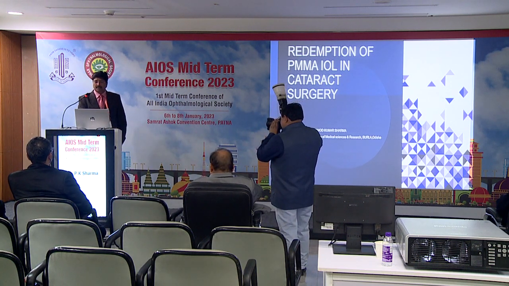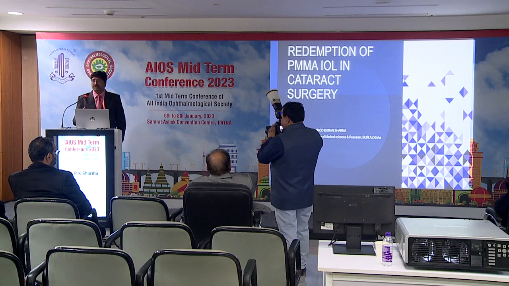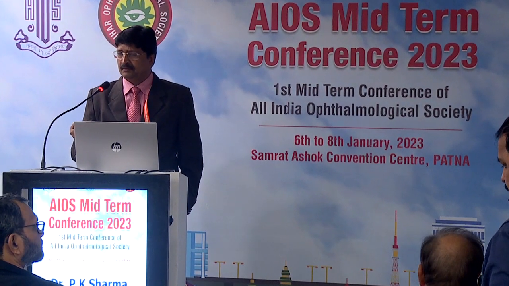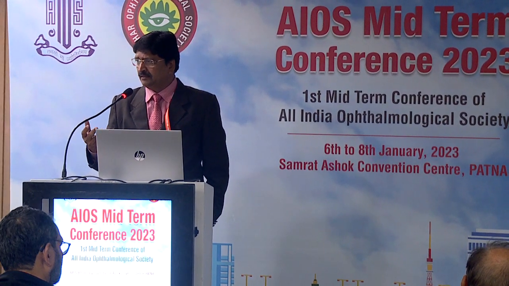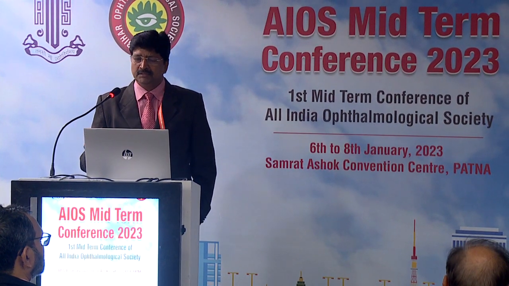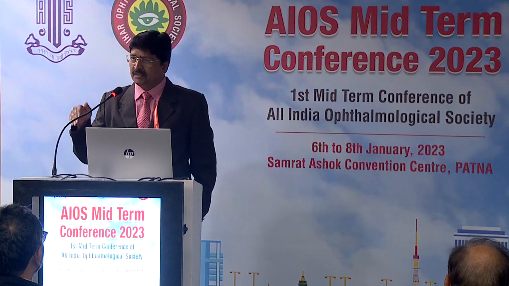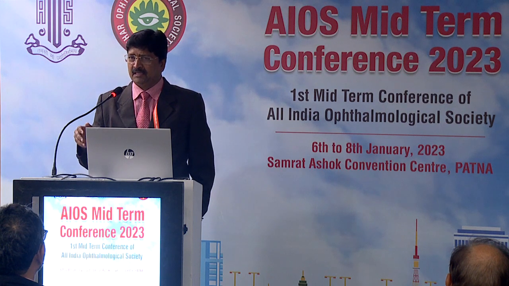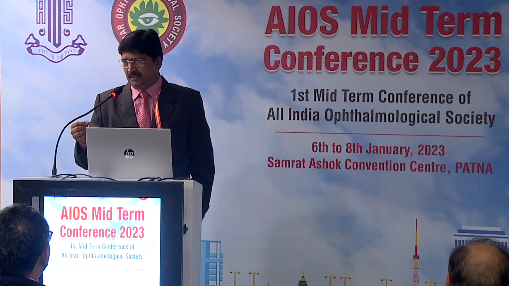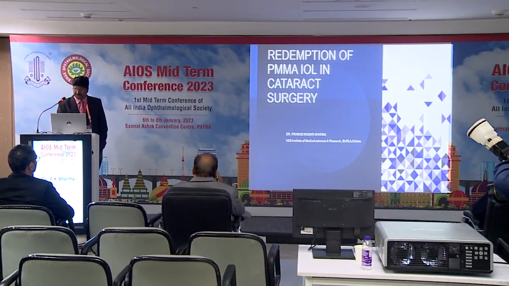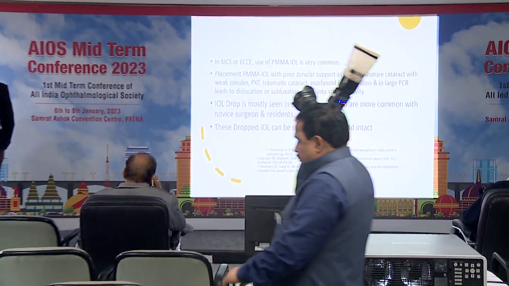Here I'm going to show some videos of how, in a government setup where the camp surgery is going on and we are using PMMA lenses, when the lens gets into the vitreous cavity, we rescue it and refix it.